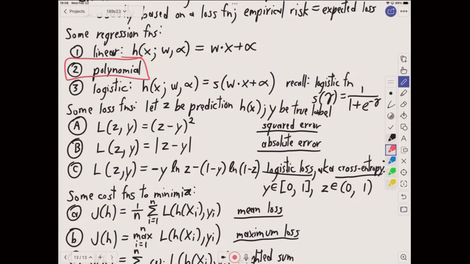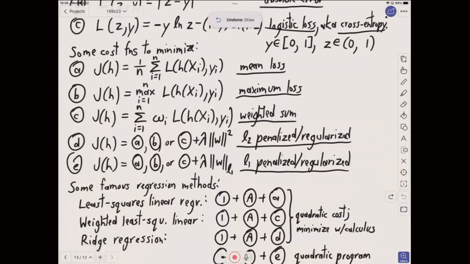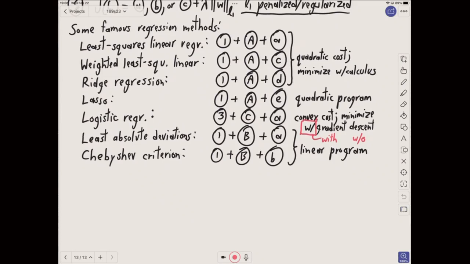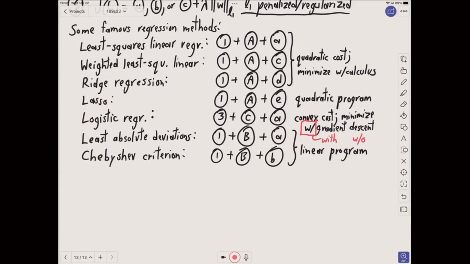Maybe all of them. As a rough rule of thumb, polynomial interpolation is very easy because if you can do linear interpolation, then you just add polynomial features and pretty much any algorithm will suddenly become a polynomial algorithm. So that works on almost all regression and classification methods, which is why I don't really have special names for that.